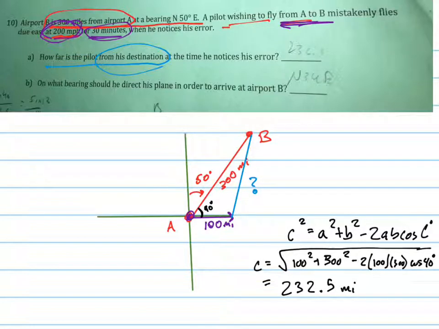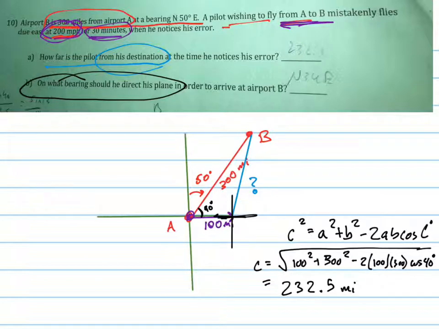The question also asks on what bearing he should direct his plane. This is usually the harder part for people. What I like to do is draw in a new coordinate plane right here. It's tricky to get this straight line, so let me manually draw it in.